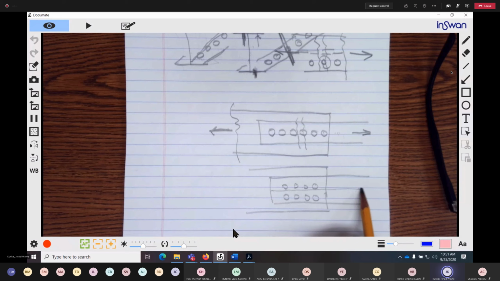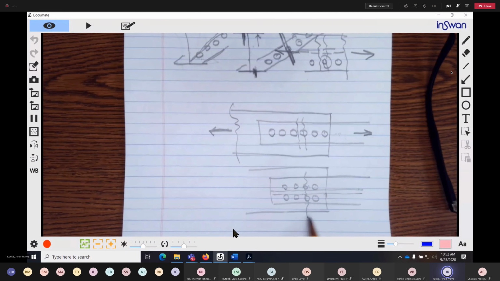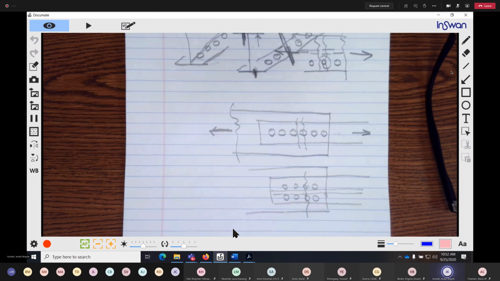We're looking down now. This member's a wide flange. So there's the web, and I got 2 rows of bolts in the flange. If I have 2 rows of bolts in the top flange and a matching 2 rows of bolts in the bottom flange, then when I do the net area calculation, I have to subtract out 2 holes in the top flange and 2 in the bottom.